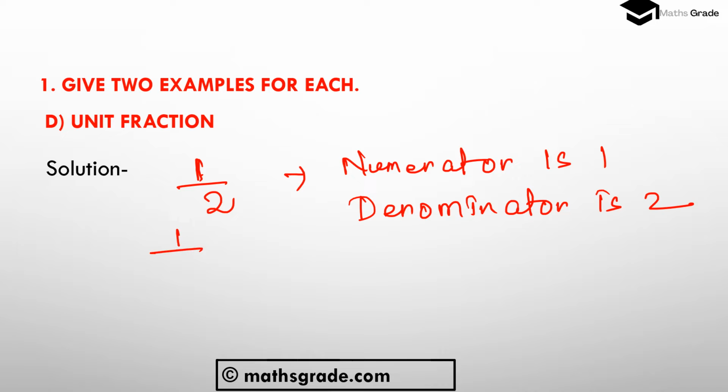And 1 divided by 9. This is a unit fraction because the numerator is 1 and the denominator is 9, which is a positive integer. So two examples of unit fractions are 1 divided by 2 and 1 divided by 9, where the numerator is 1 and the denominators are any positive integers.